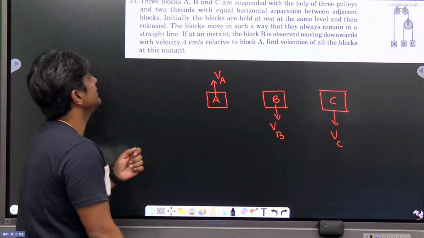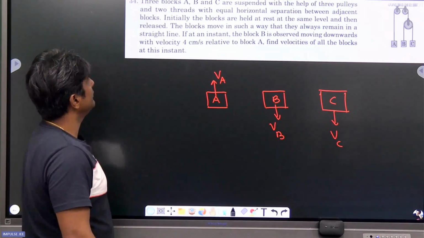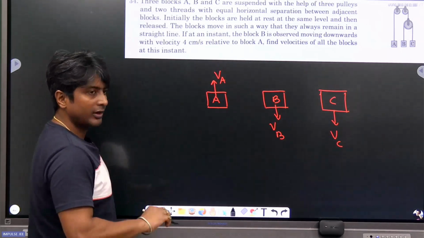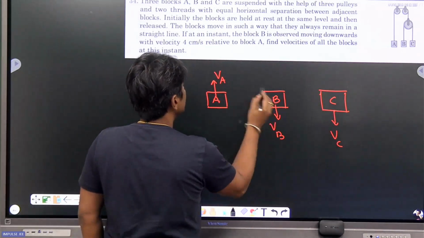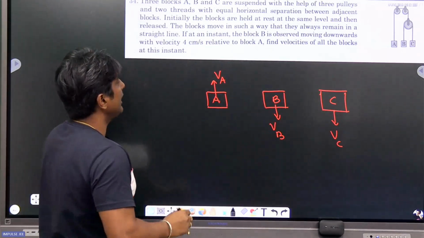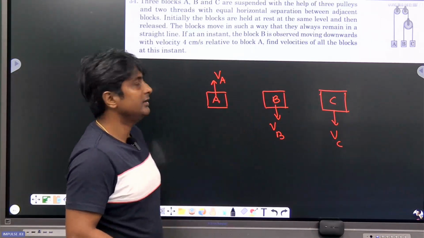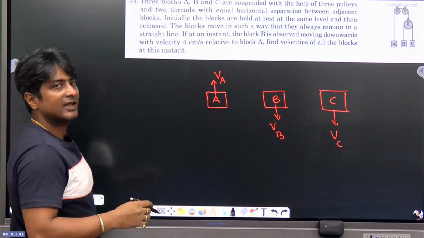In the question, it's given that block B is observed moving downward with velocity 4 centimeter per second relative to this block A. So here we can use the relative velocity concept, and we know that when two are moving in opposite directions, then their relative velocity is nothing but simply their scalar sum.